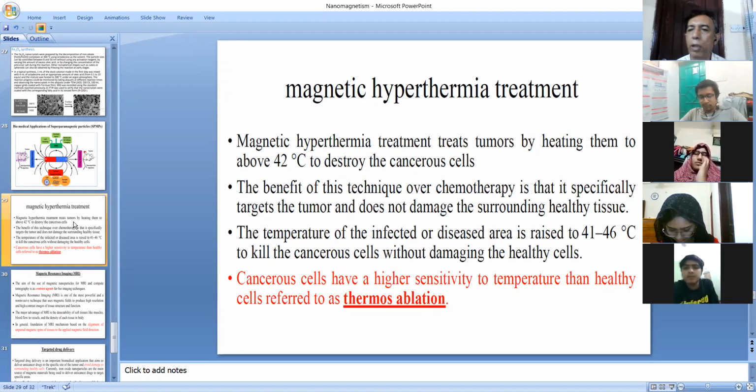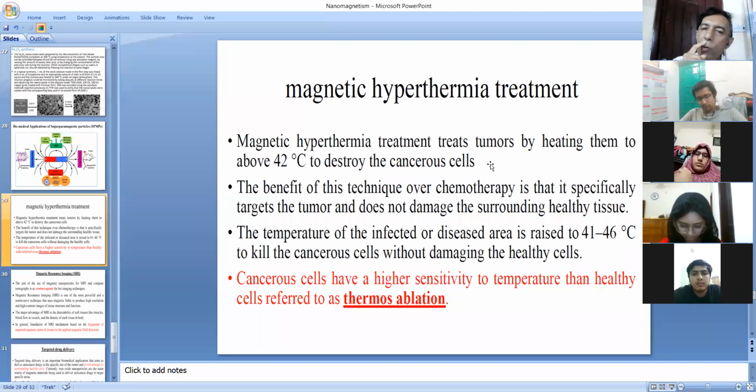So it is excess heating. What does it do here? Magnetic hyperthermia treatment treats tumors by heating the cancerous cells to above 40 degrees centigrade. What is a cancerous cell? A cancerous cell is some type of tumor in your body.